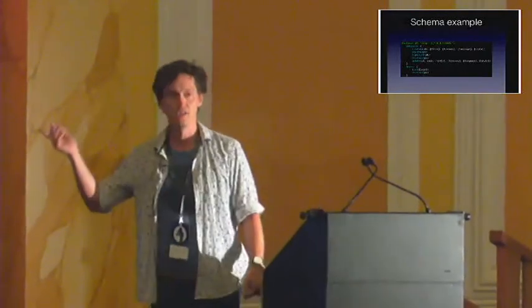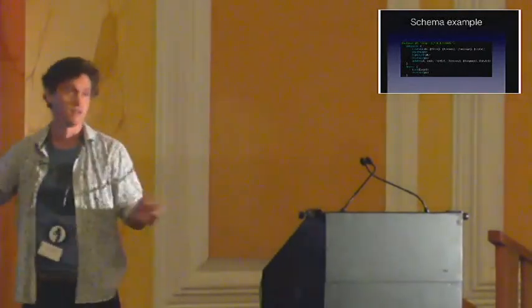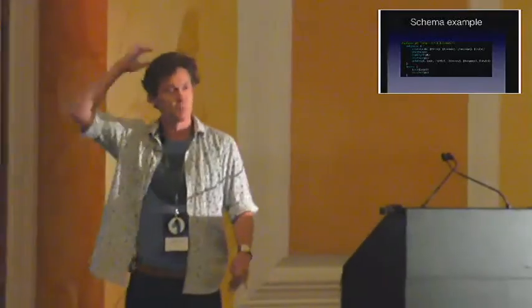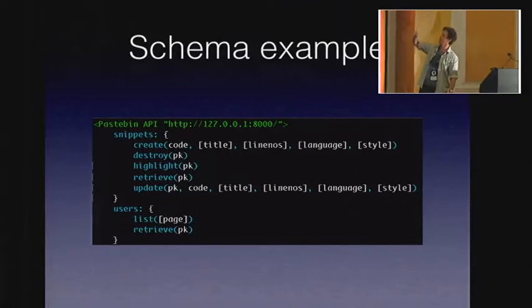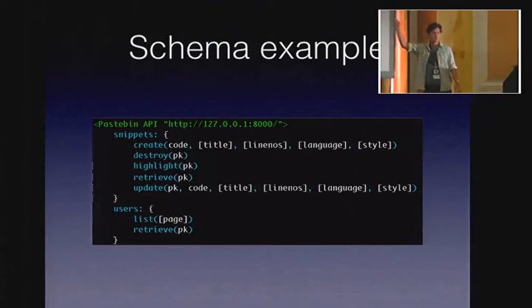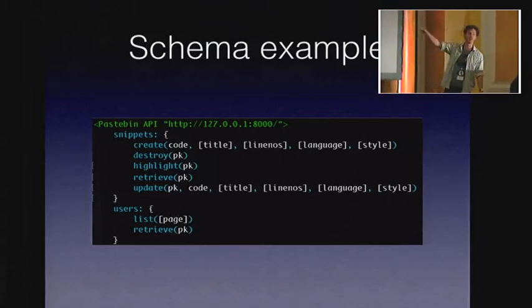I'm going to be using loosely the pastebin example from the REST framework tutorial just as an example. It doesn't matter whether you dig it or not, but what we're looking at here is an example of a document in a display format. You can see at the top in the green is the document itself with its title and URL.